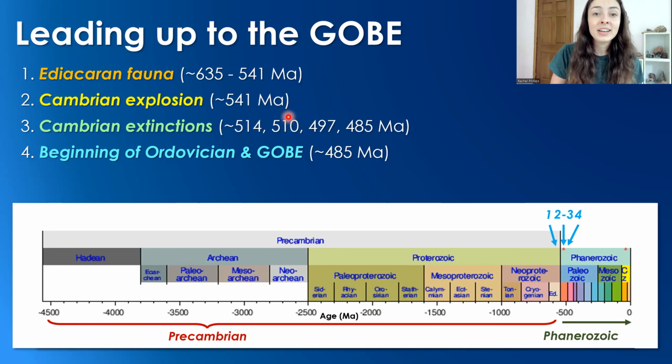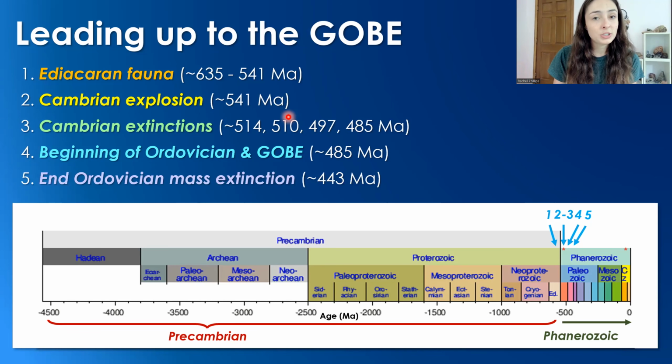And then we had the beginning of the Ordovician period right after the Cambrian period. And this marked the beginning of the GOBE, or the Great Ordovician Biodiversification Event or trend. Then, like I showed on the previous slide, we had the drop in diversity, which was marked by the end Ordovician mass extinction, and that kind of ended that GOBE event.